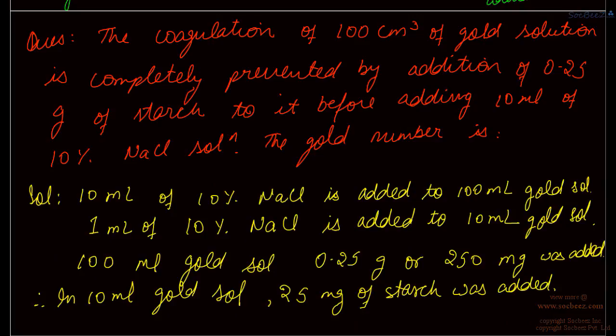Since the gold number of starch is the milligrams of starch added to 10 ml of standard gold salt just to prevent coagulation when 1 ml of 10% NaCl is added to it, according to the given conditions, 25 milligram of starch satisfies this condition.